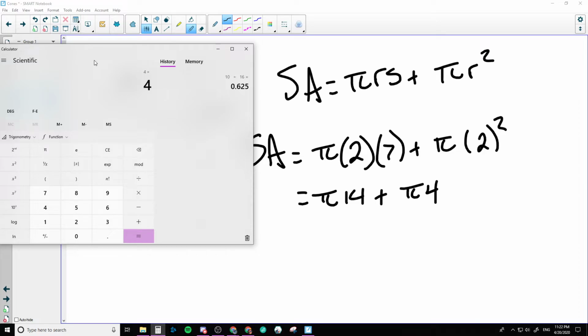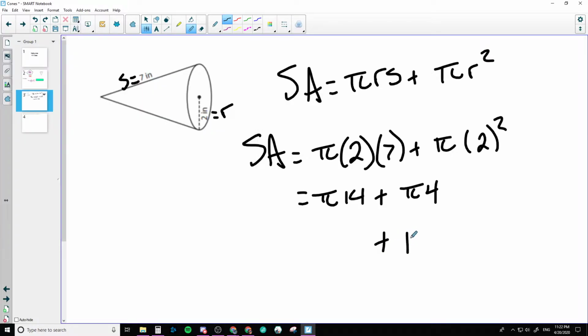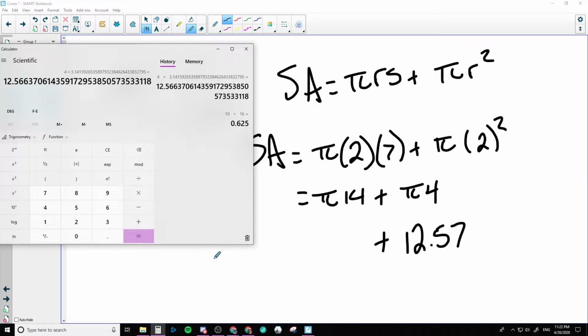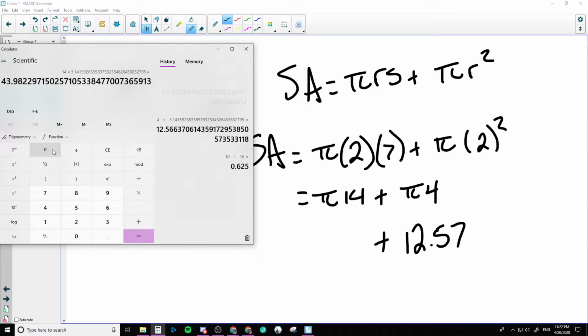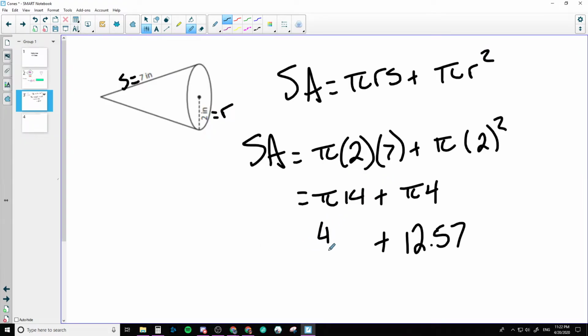4 times pi gives us 12.57. And 14 times pi gives us 43.98.